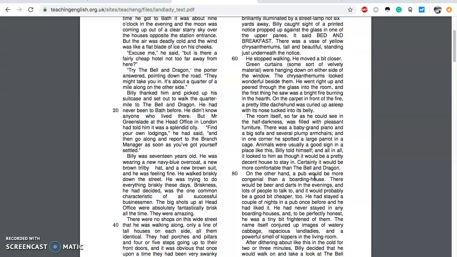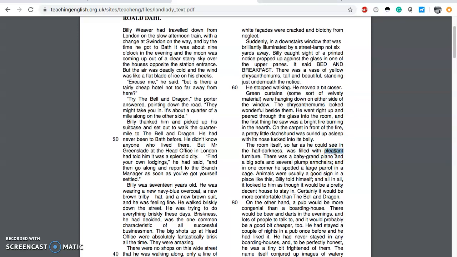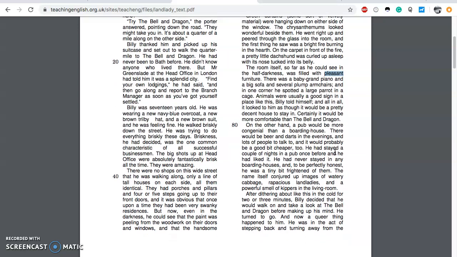You guys can hopefully remember it, but the text is also in Google Classroom for you to look at. There's a pretty little Dachshund, the type of dog, curled up asleep in front of a bright fire, and there were some flowers. Everything was very pleasant. So everything was very peaceful.